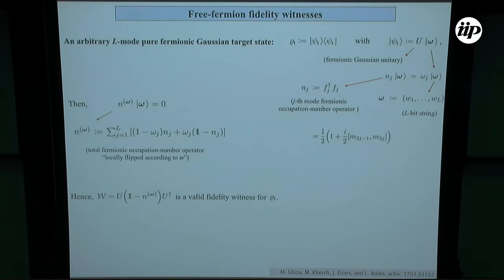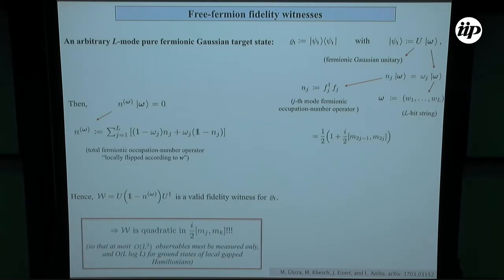Why is this important? It tells you that this fidelity witness is quadratic in all the mode operators, but the mode operators are only 2L. So you have a quadratic expression of 2L observables. This means that to measure this observable, you need to measure at most quadratically many observables. And this is very powerful.